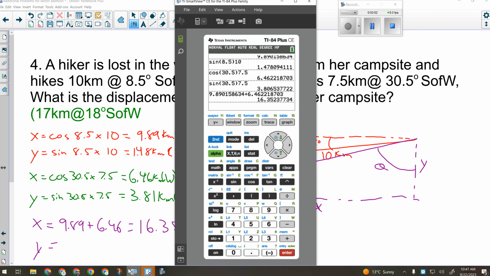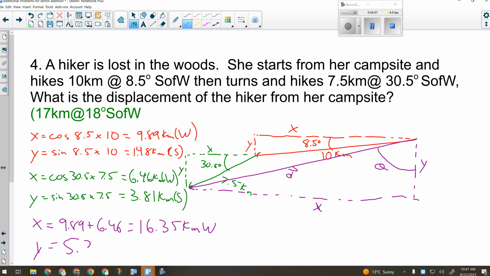All right, so that'll be our 1.47 and our 3.81. Okay, which gives us 5.28. And that's south.